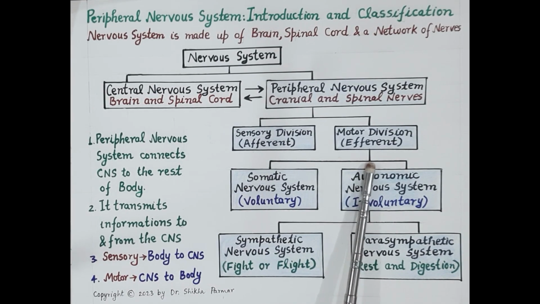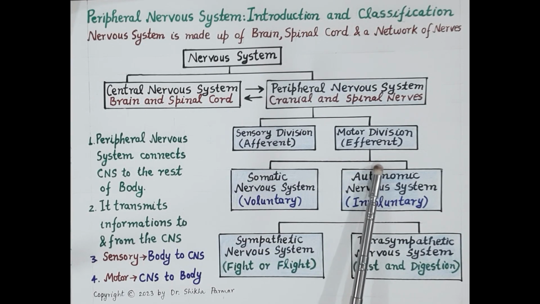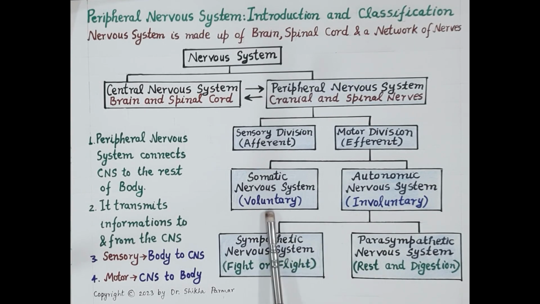So this motor or efferent division controls functioning or the activity or the movement taking place in all the body organs and the tissues. So now this motor division is further divided into somatic nervous system and autonomic nervous system. Now, somatic nervous system controls all the voluntary functions of the body.